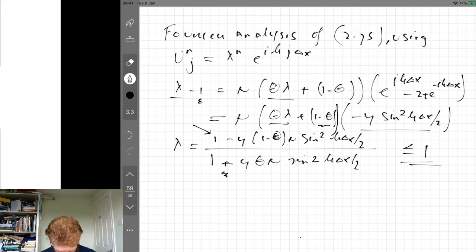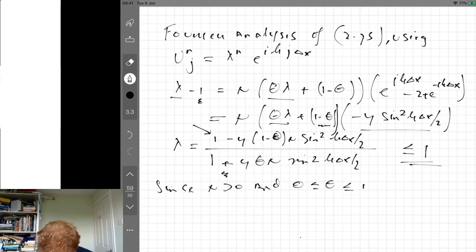It's not always less than 1. You have to look at theta. Since mu is bigger than 0 and theta is between 0 and 1, we find this is always less or equal than 1, so lambda is never bigger than 1. Also notice that in this case lambda is real.